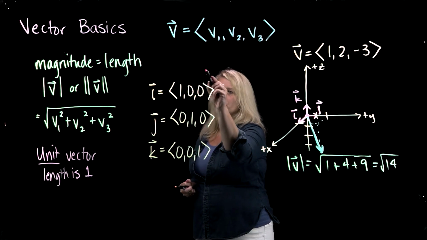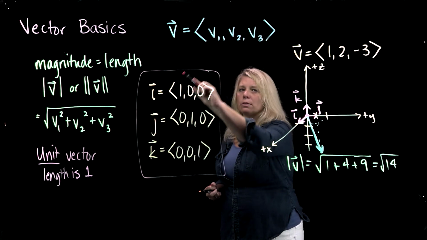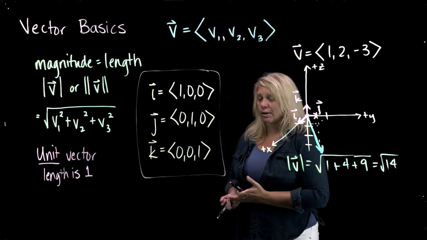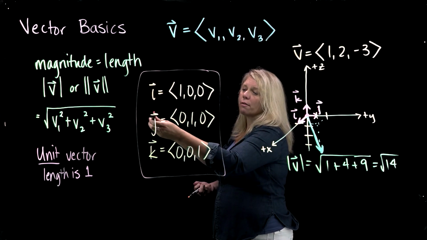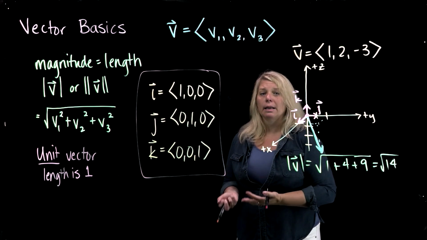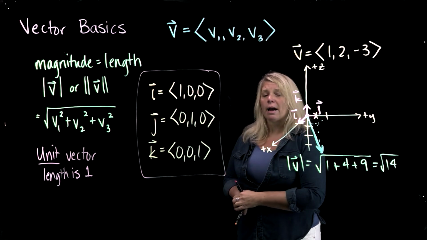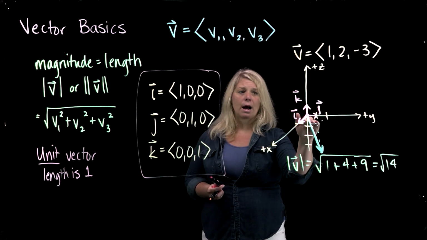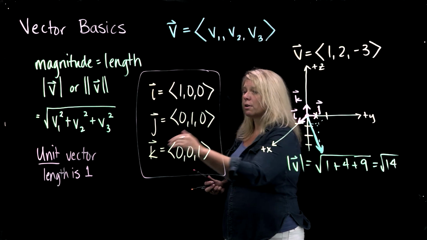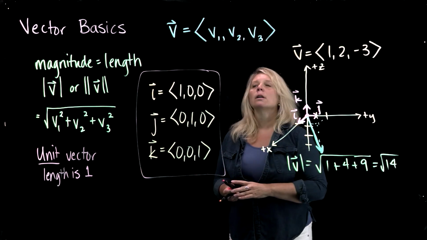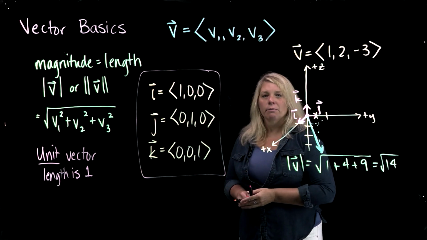So these are called standard basis vectors. Anytime you see these symbols, i, j, k, in this context of vectors, and again with a hat over top or bolded in your textbook to indicate that it is a vector, you should understand that that's what it's talking about, these 3 vectors that are parallel to the x, y, and z axes. And those, notice, are all unit vectors. So those will be important in a lot of things that we work with later.